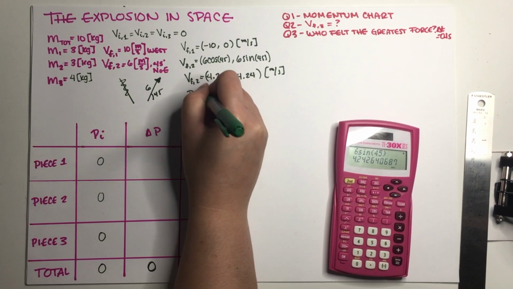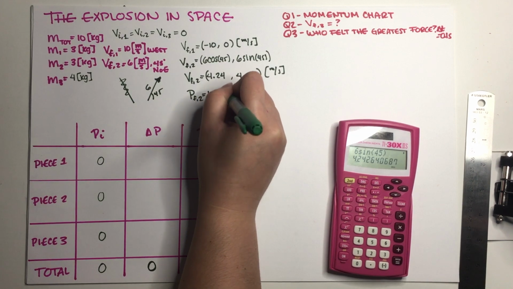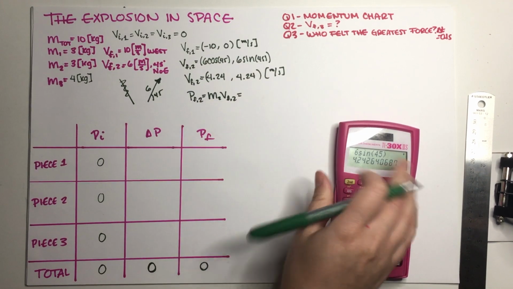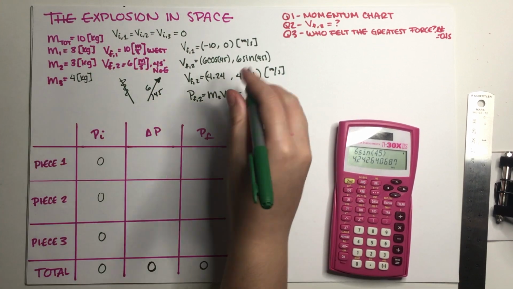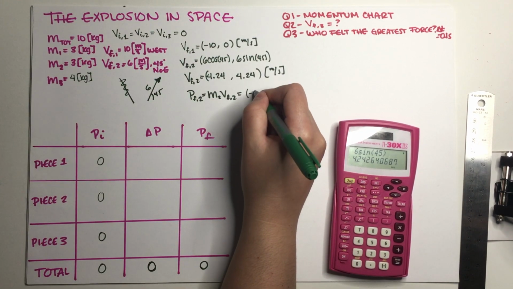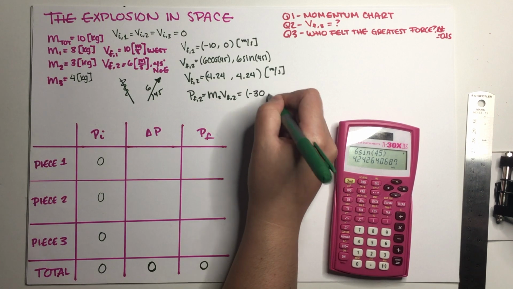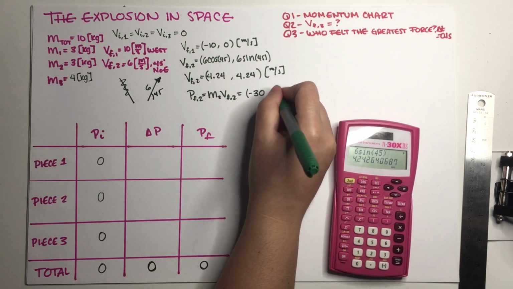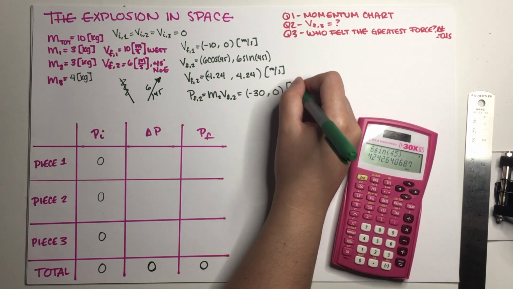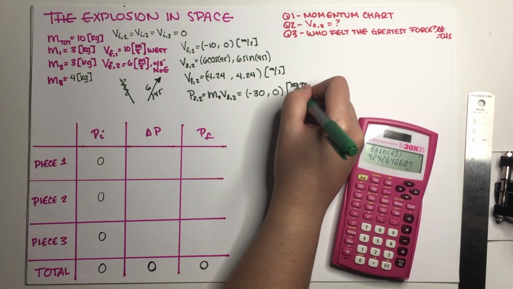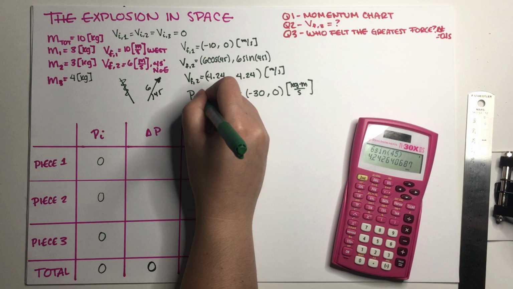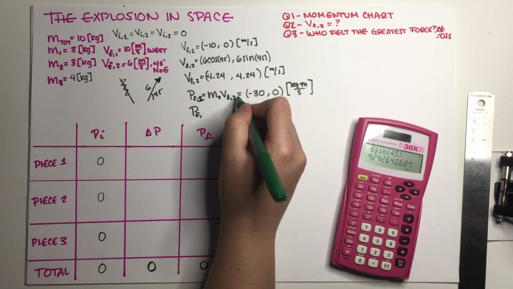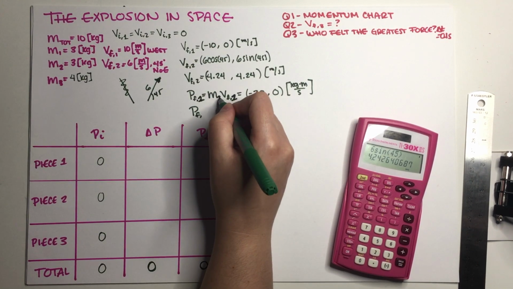So final for 2 is just m2 v final 2. So this is negative 10 times 3, so this is just negative 30, and then 0 times 3, that's just going to be 0. And then p final for the, oh, this is the first asteroid, I am so sorry, there we go.